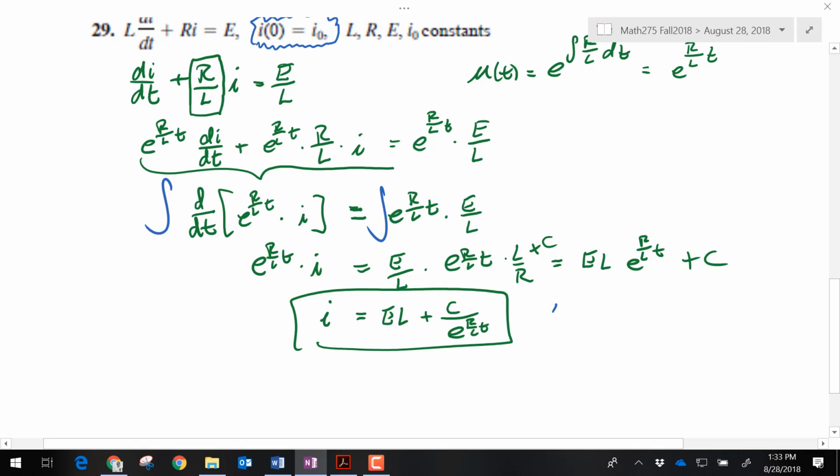All right, so let's use the initial conditions. When t is equal to 0, I is equal to I sub 0. So we have I sub 0 is equal to E over R plus some constant, and then e to the, well, it doesn't matter what R over L is, e to the 0, that's just 1.